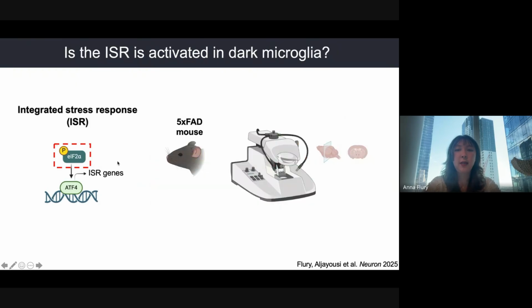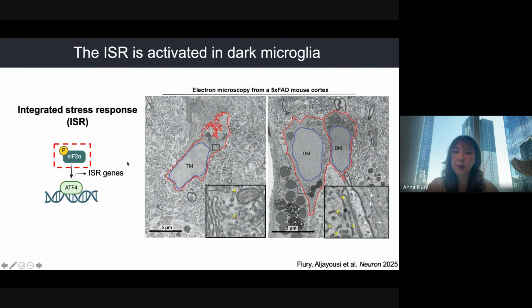And we also looked at this in dark microglia. And to do that, we used tissue sections using a vibratome, so coronal sections from our amyloid recapitulating mouse. And we looked for staining for phospho-EIF2 alpha in dark microglia specifically.